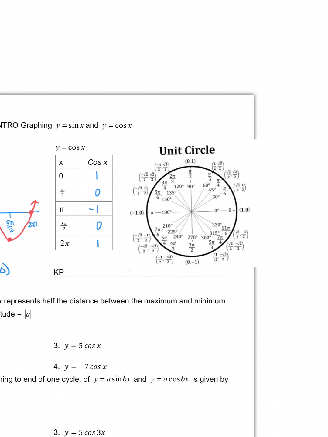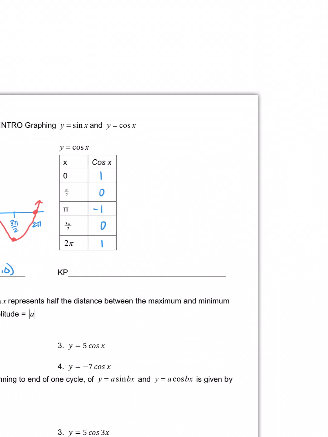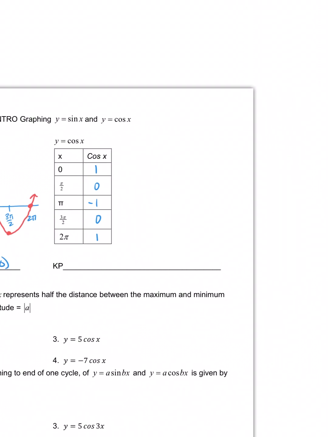Okay, so it's coming back to its starting point. Now, if I graph this, it's going to look very similar as far as my xy axis. So I start at 0. I have pi over 2, pi, 3 pi over 2, 2 pi. Goes up to 1, down to -1.